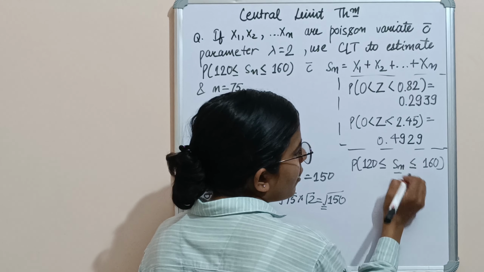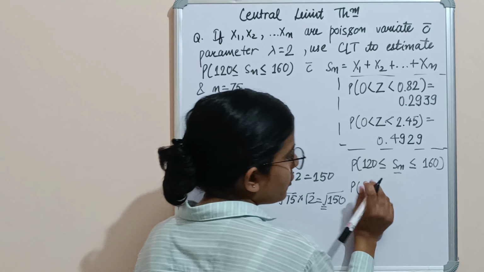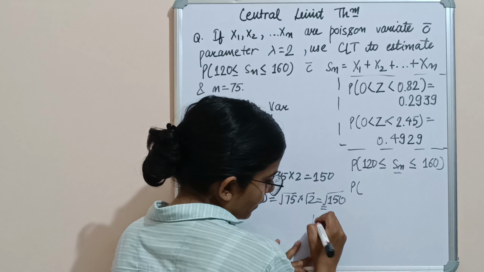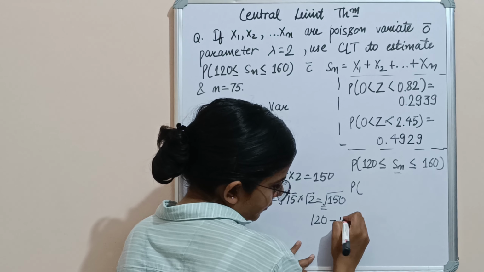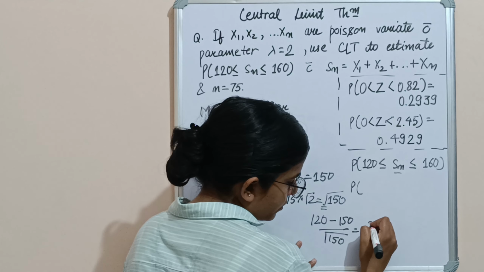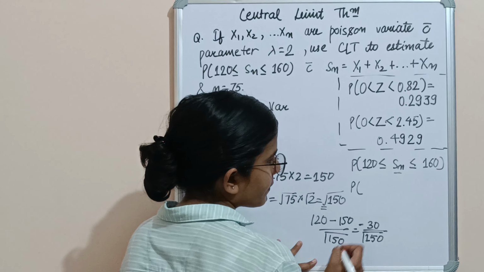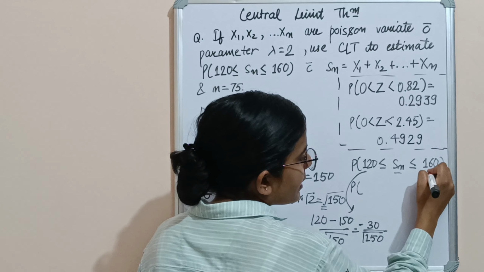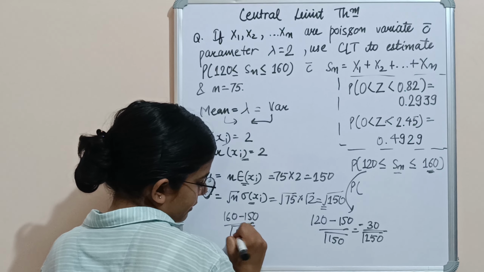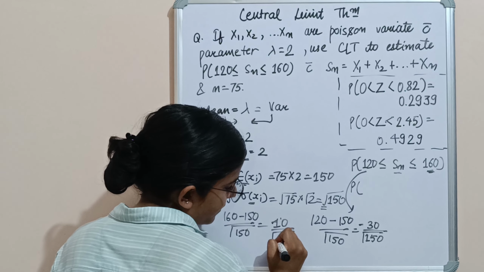This is in the form of Sn and we turn it into the form of Z. So this will be 120 minus 150 divided by under root 150, which is minus 30 divided by under root 150, and 160 minus 150 divided by under root 150, which is 10 by under root 150.